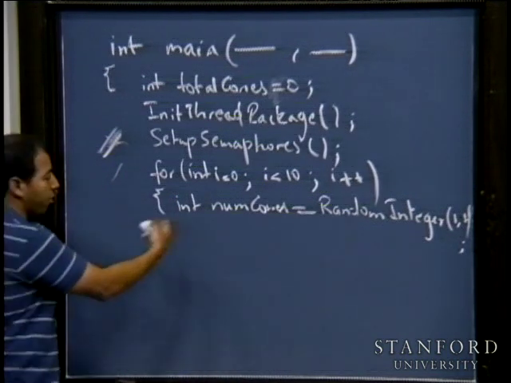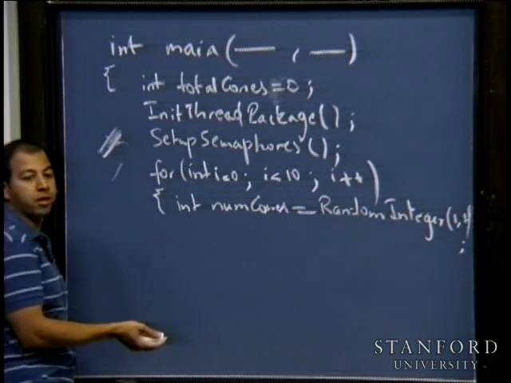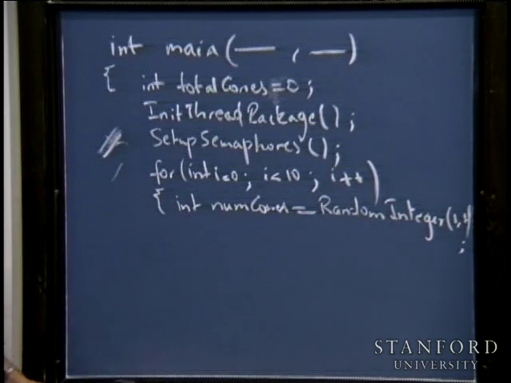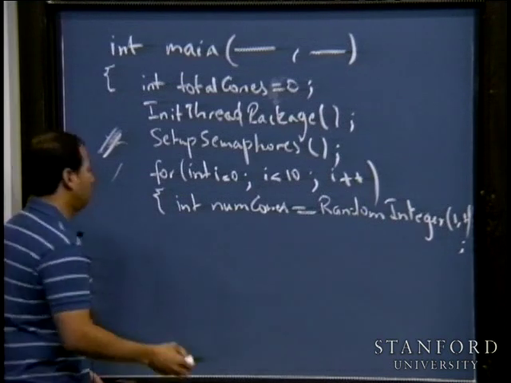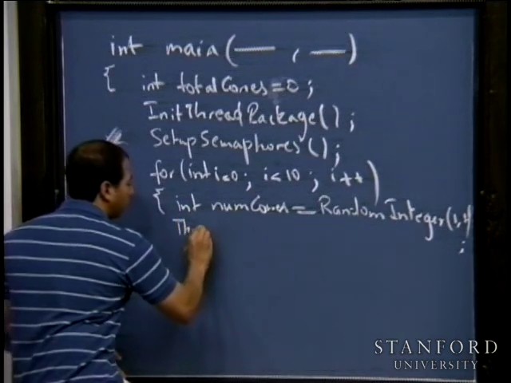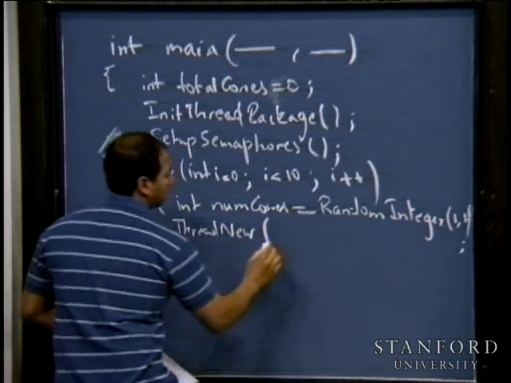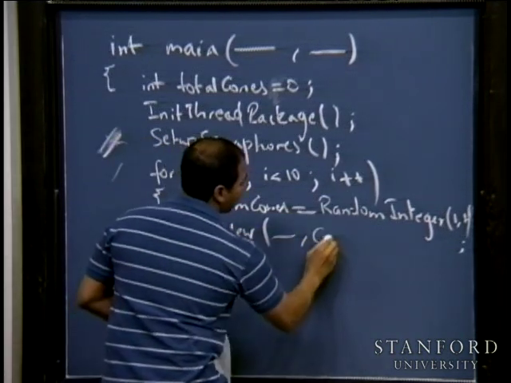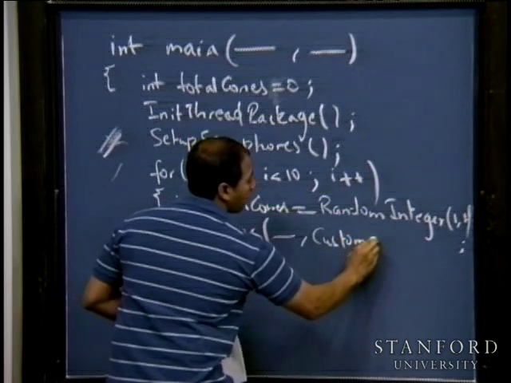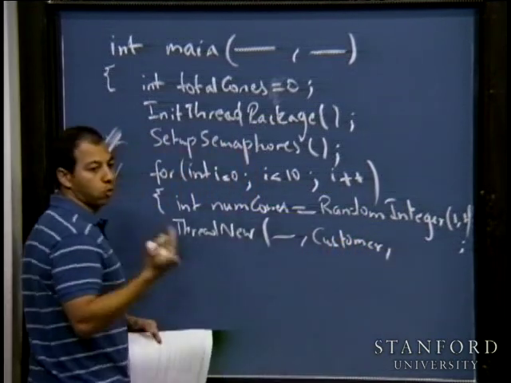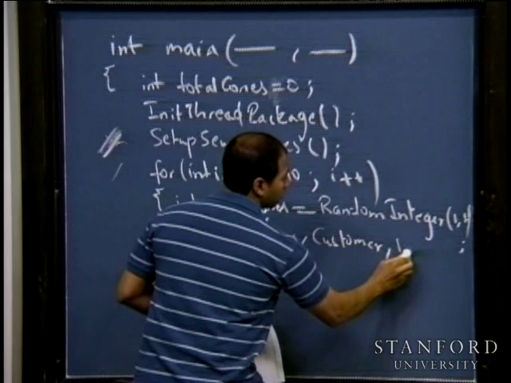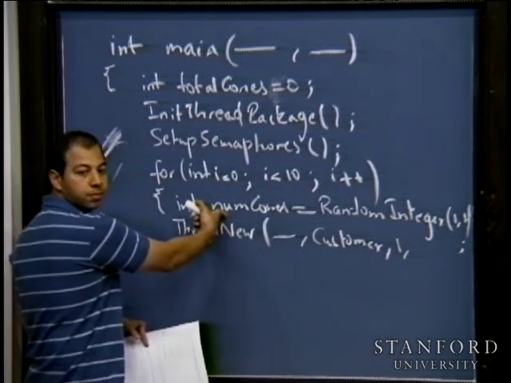Now, once we have the number of cones for a customer, then we can just start spawning the customer, because all the customer needs to know is how many cones he's going to order, right? Make sense? So we call thread new with a debug name, the customer function, and this customer is going to take one argument, which is the number of cones.